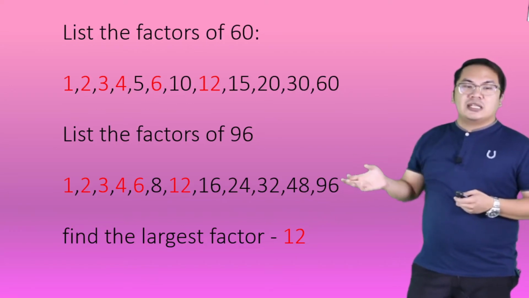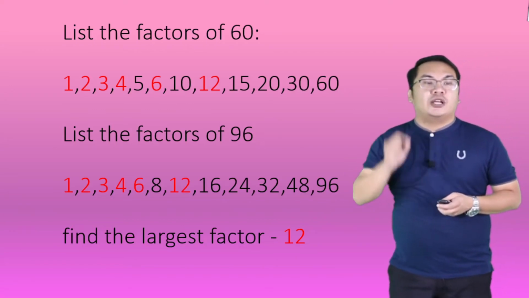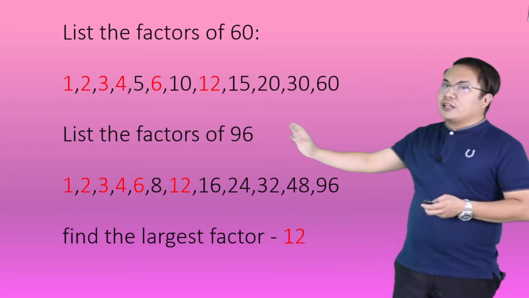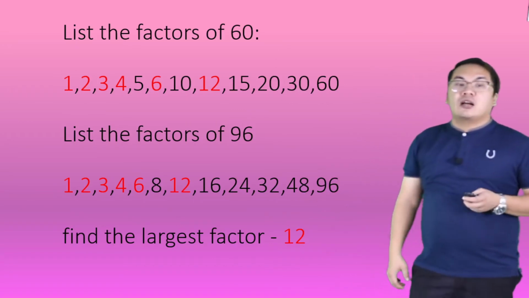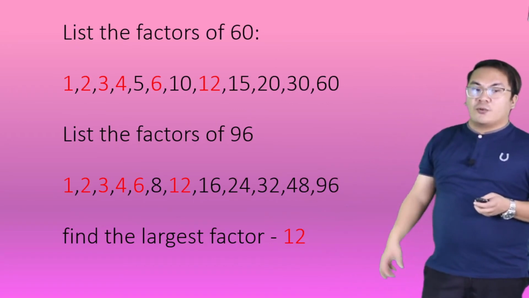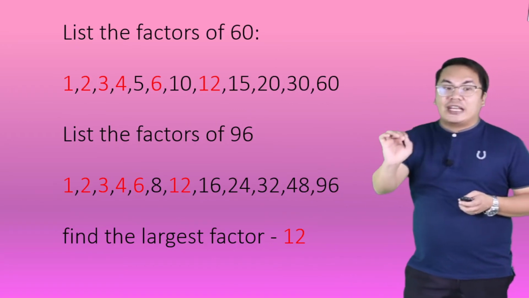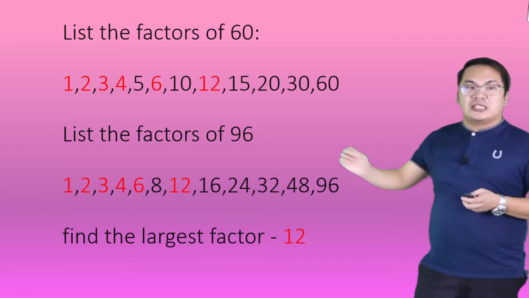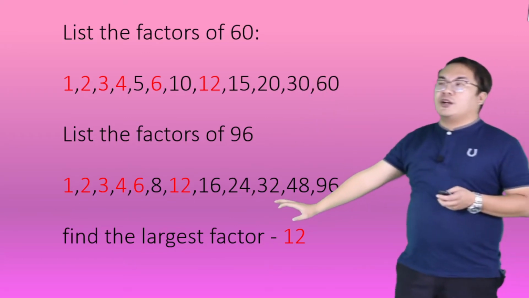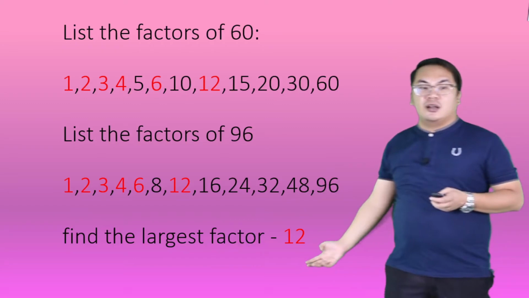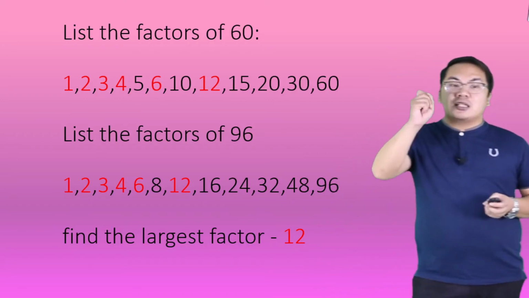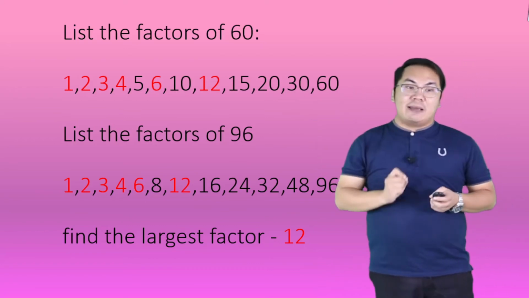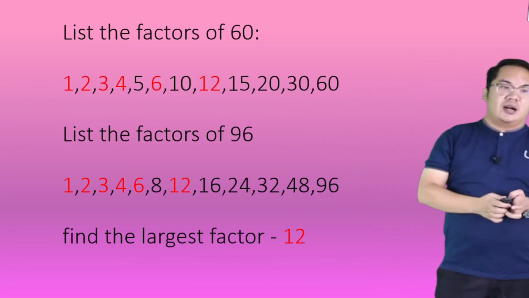Alright. So what are we looking for? We are looking for the greatest. All of the red numbers here are the common factors. So we're going to get the greatest common factor. What is the greatest number among the red numbers? We have here 12. This is what you call the listing process. You're just going to list them all. Clear? Alright, next.